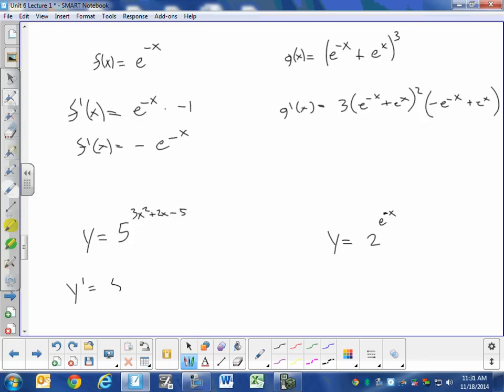Down here, derivative of 5 to the x would be 5 to the x log 5. So 5 to this function would be 5 to this function log 5 times the derivative of this function. You guys try 2 e to the negative x.